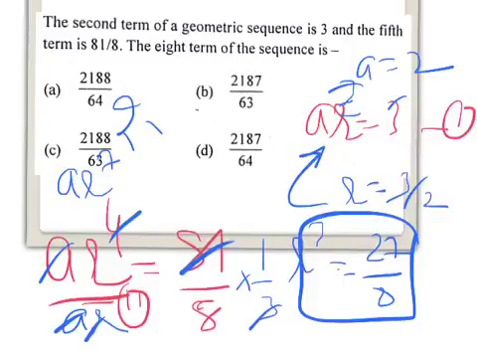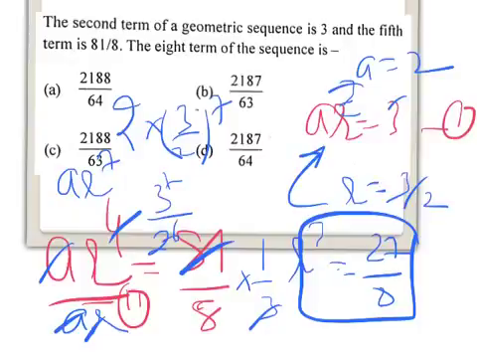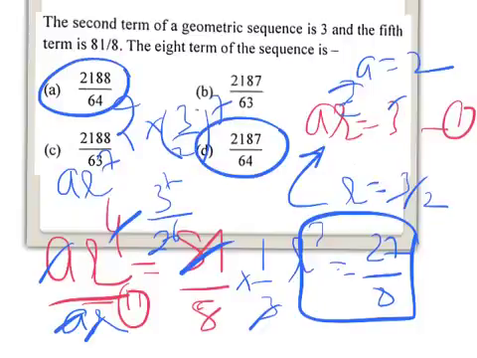So 2 into 3 by 2 to the power 7. 3 to the power 7 divided by 2 to the power 6. 2 to the power 6 is 64. पक्का. So answer is दो option, A या D. 3 to the power any number will be even or odd? Odd. D. दो ऑप्शन से करो. ठीक है.